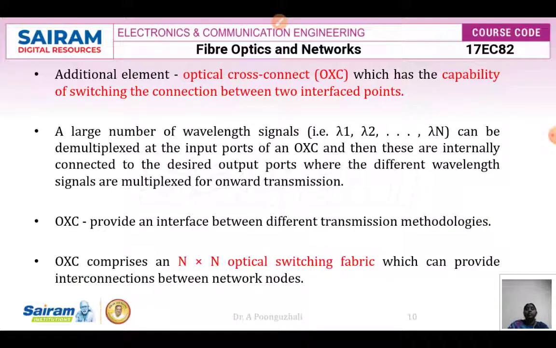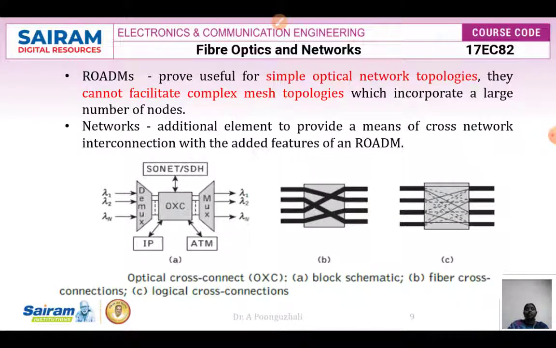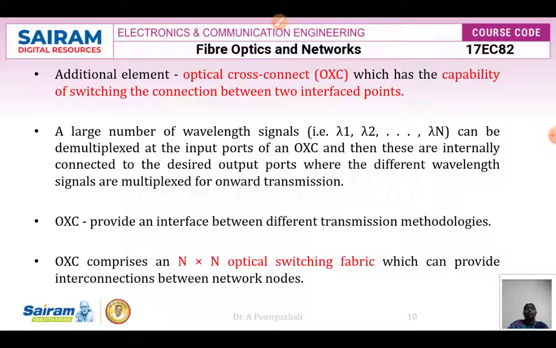These desired output ports carry different wavelength signals, and they are multiplexed for onward transmission. So the optical cross connect provides an interface between different transmission methodologies.